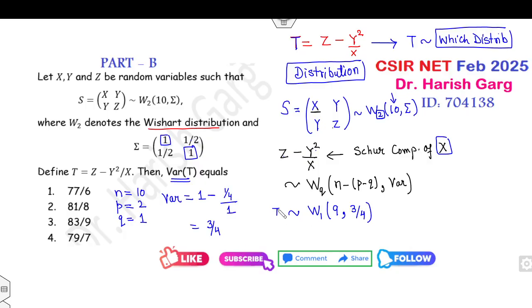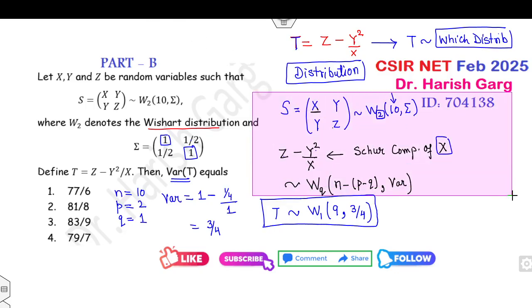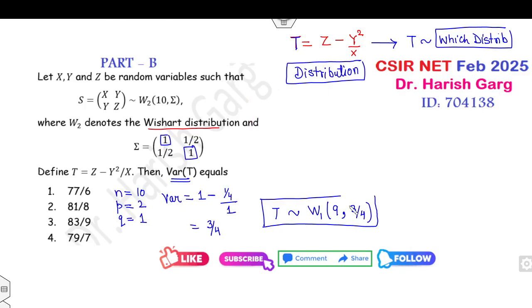So that means T follows the Wishart distribution 1, 9, 3 by 4. Is it okay? Now once you know the distribution and the degree of freedom is 1, what does it mean? I can write T divided by 3 by 4 follows the chi-square distribution 9. Fine. So that means T follows 3 over 4 chi-square distribution 9.